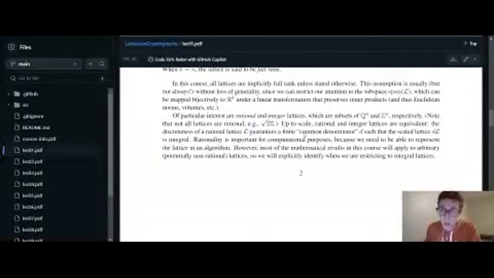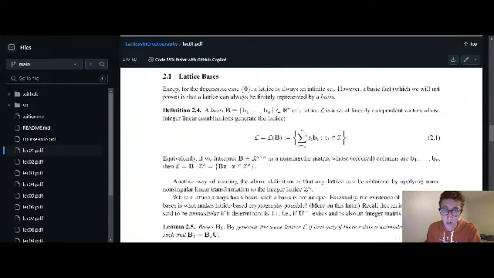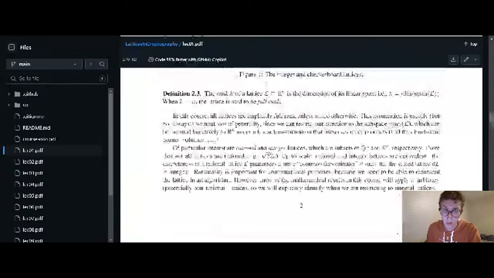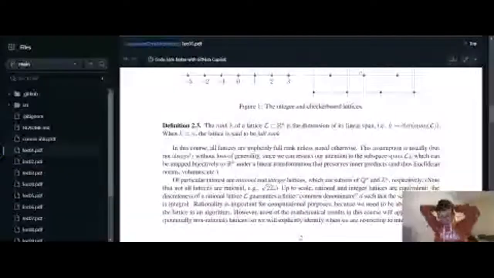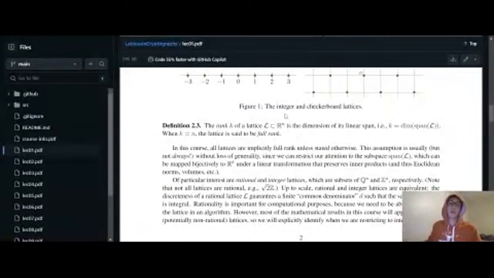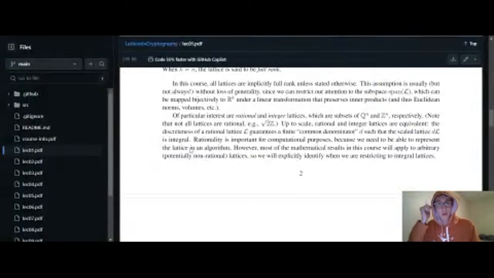Up to scale, rational. I don't understand. Oh, there's so much content, bro. But this is cool though. This is cool stuff to learn, I feel like. Scale.